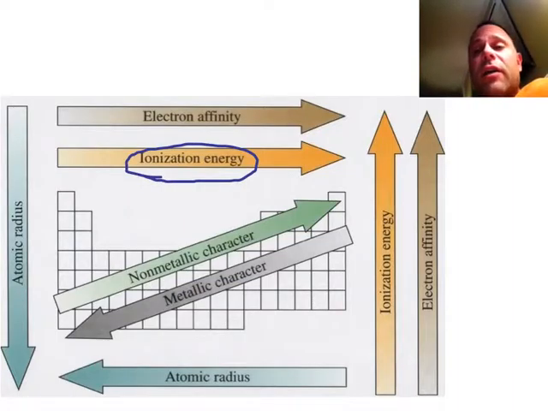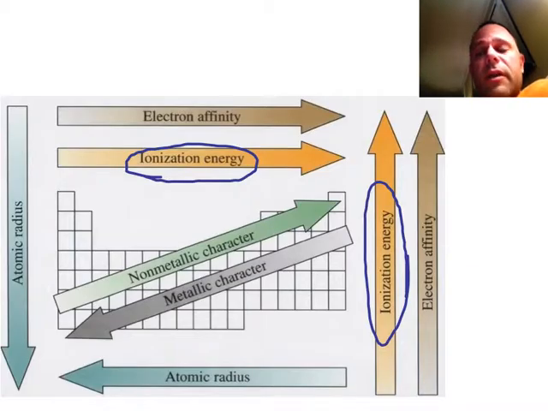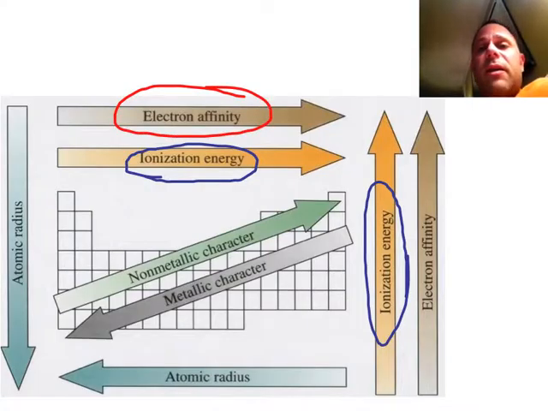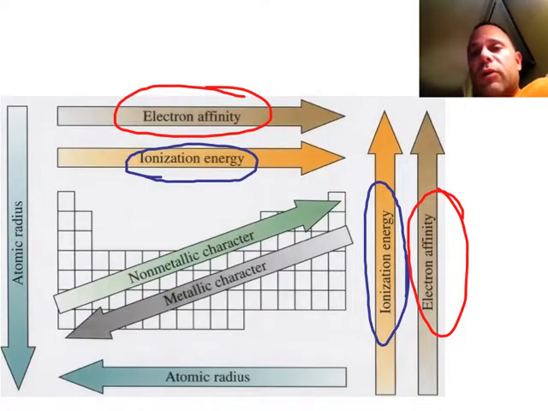It's actually the first ionization energy, and as you move to the right, it is increasing. That's true. As you move up a group, it is increasing. Absolutely true. For electron affinity here, that actually means the electronegativity. As you move to the right across the period, it goes up. We found that to be true. And as you move up the group, we found that also to be true.